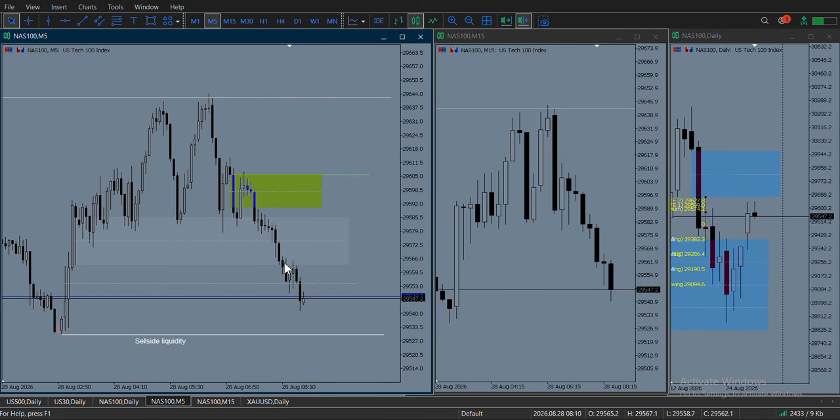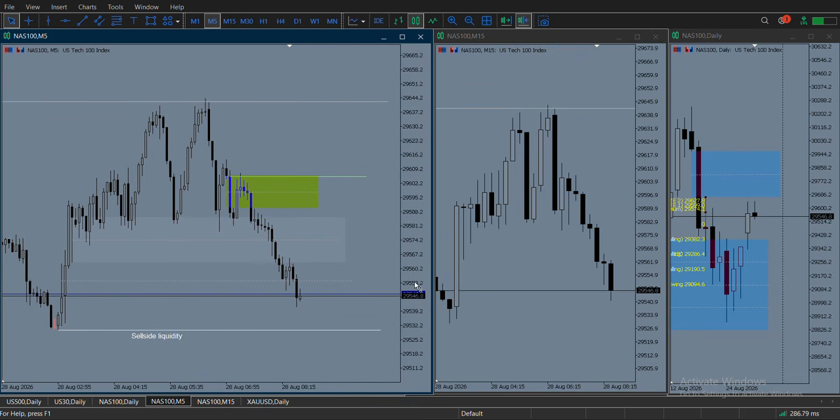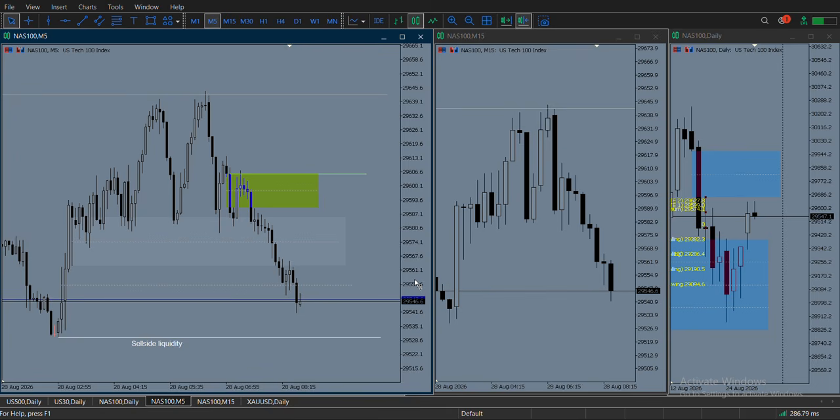I don't want to jump the gun, and it can have a deeper retracement and then eventually trade lower. So I'm waiting for that 850 macro, and then we're gonna see if we can have a sell trading into this sell side, that 530 level.